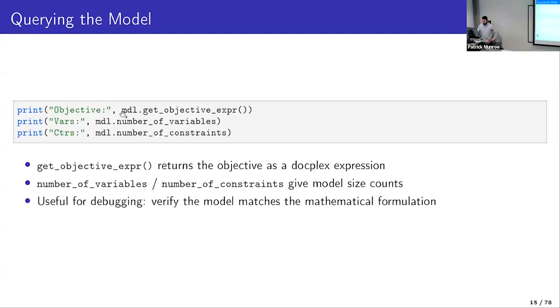Here I won't do it just because we have a lot of material to cover, but once you've created the model, you can, if you're interested, for example, in what the objective function is, let's say that you have a function that creates some model somewhere and it returns only the variable mdl, and you're not sure exactly what the model is like, you didn't really code it yourself. Then you may want to see what the objective expression is, the number of variables, the number of constraints.